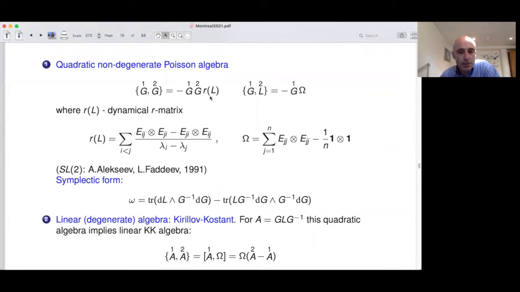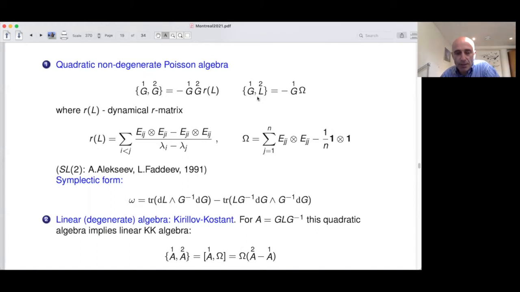And the result is given by a quadratic bracket defined by the dynamical R-matrix. In general, this is the simplest example of a dynamical R-matrix. The theory was pretty much developed by Tinkoff. But this bracket, and of course, you see what's important here is that L's have a bracket with G's.